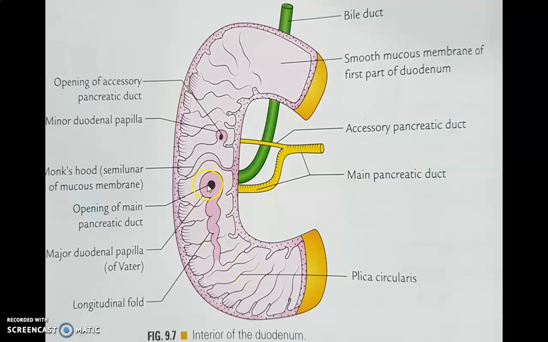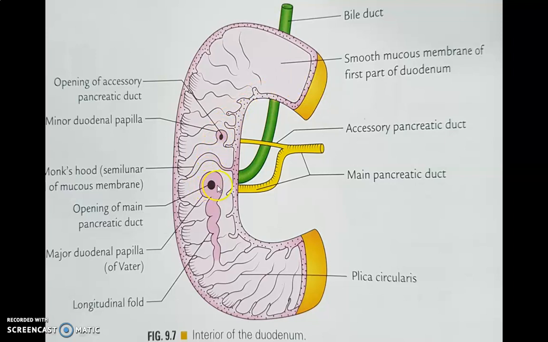You can see there is a conical projection called major duodenal papilla on the posteromedial wall of the second part of the duodenum. It is present 8 to 10 cm distal to the pylorus.